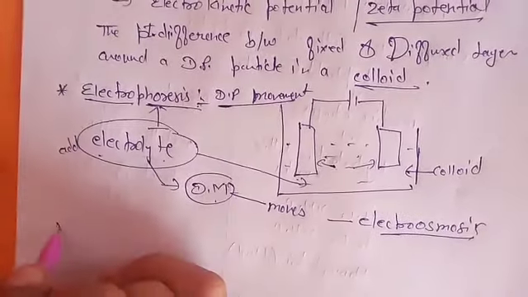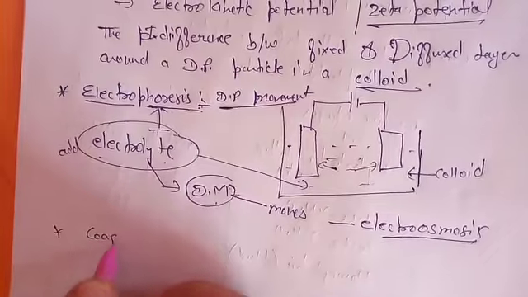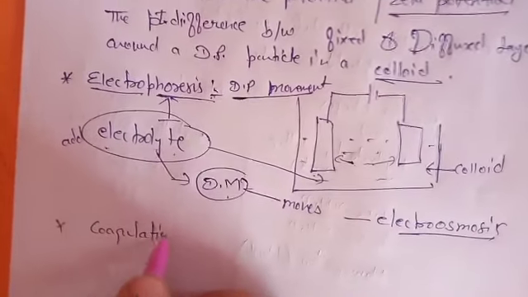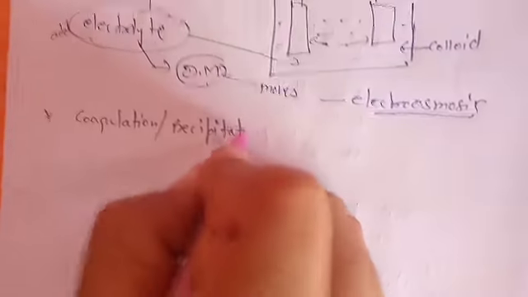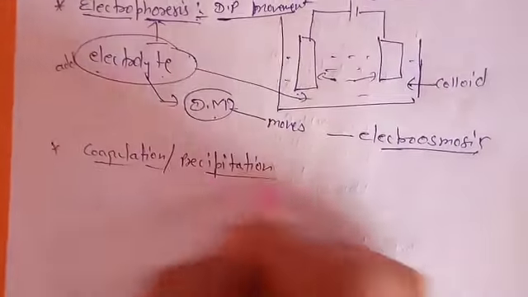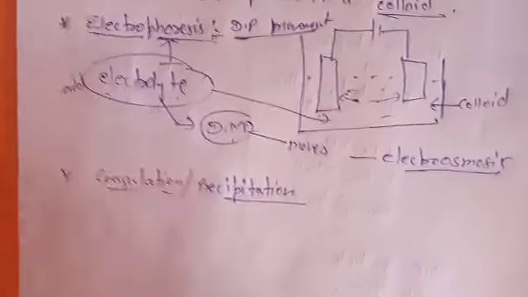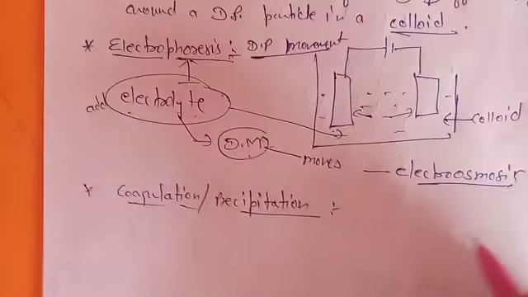So this is another property shown by the colloids. The next property is coagulation, or you can also call it precipitation. It means you are separating the dispersed phase particles and dispersed medium particles by adding some electrolyte.